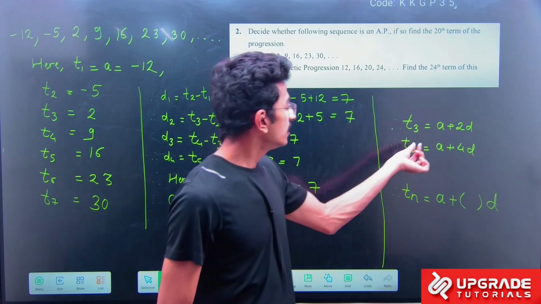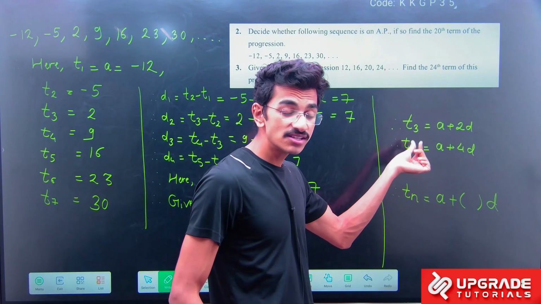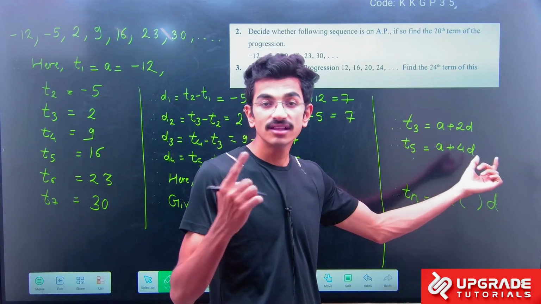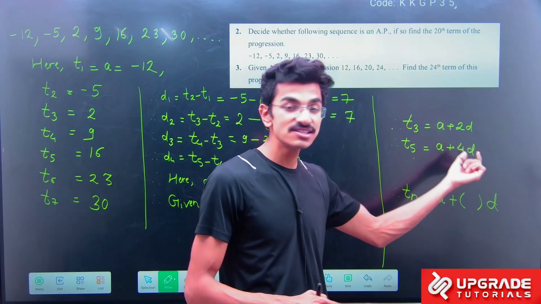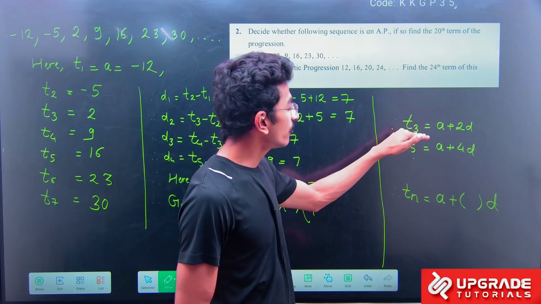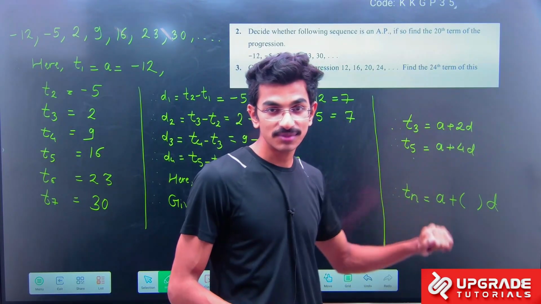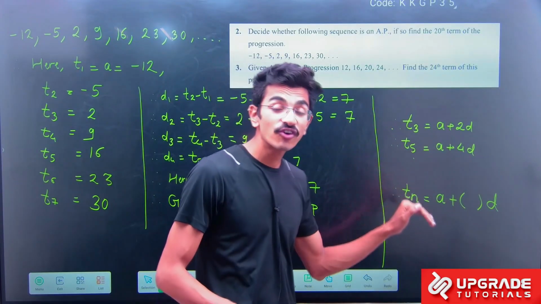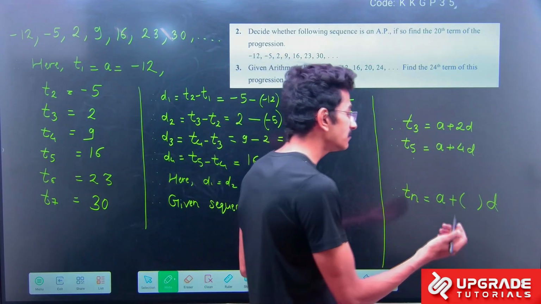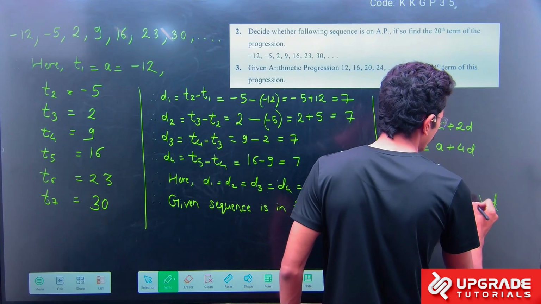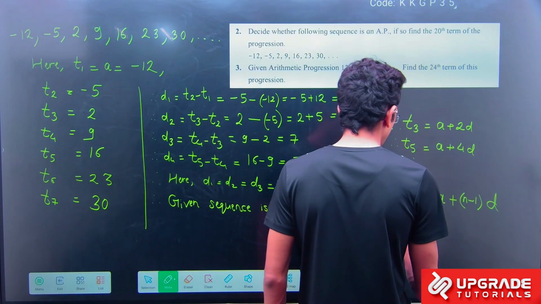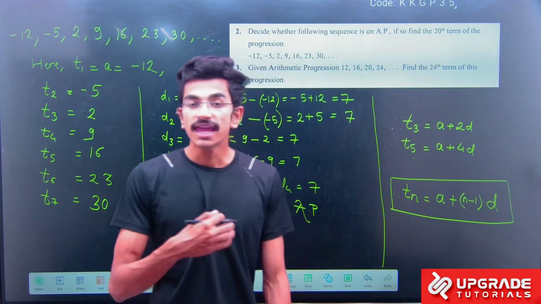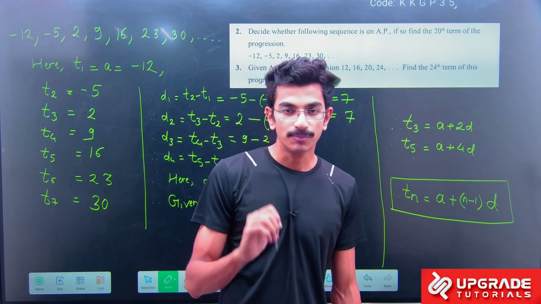That is, if it is the fifth term, the preceding number is 4, so we will have the multiple as 4. Similarly, for the third term, 2 is the multiple. For the sixth term, 5 is the multiple. Similarly, for the nth term, it will be n minus 1. So this is a very important formula which will give any term of the AP.